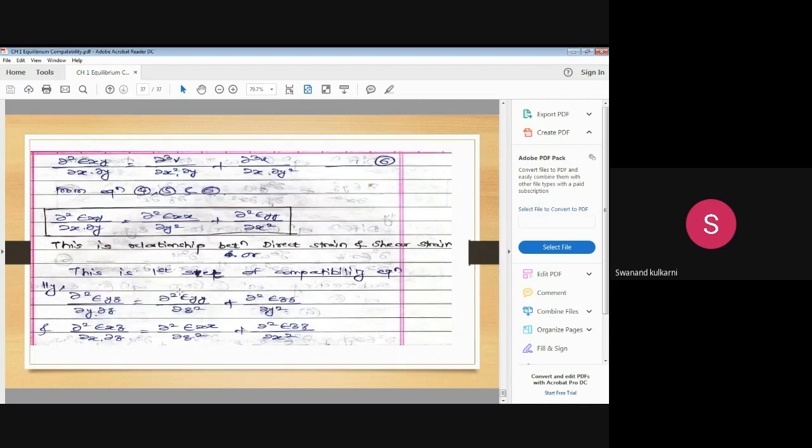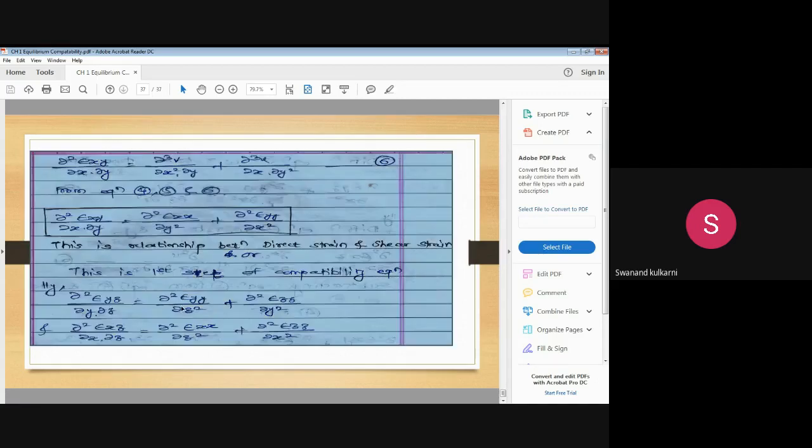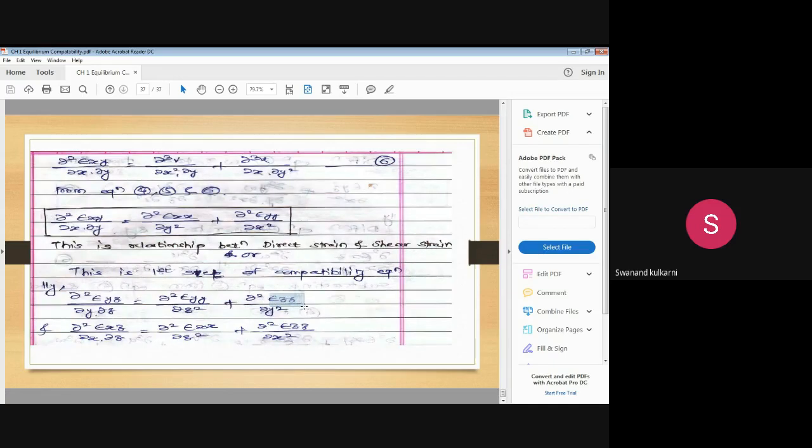So here you can consider that differentiation of strain along y-axis with z is considered, and strain along z-axis is considered with reference to y.